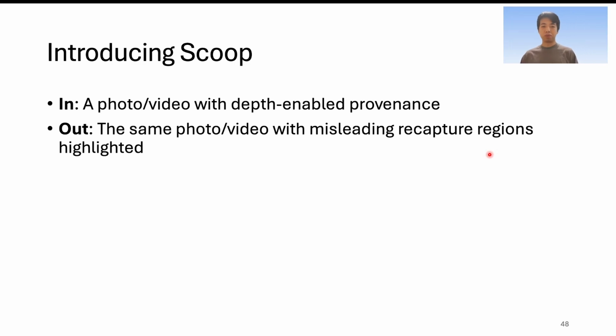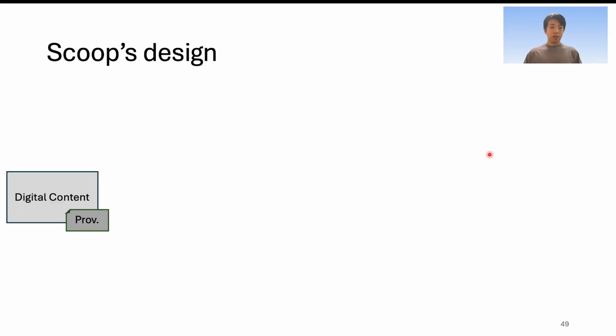Introducing Scoop, which takes visual content with depth-enabled provenance and highlights those regions where it thinks some recapture is going on. Scoop takes digital content with provenance information.